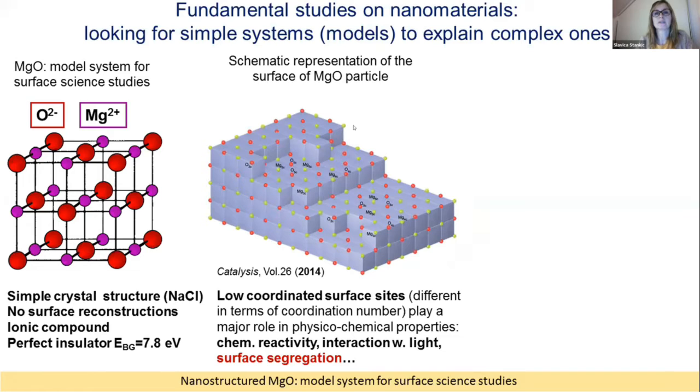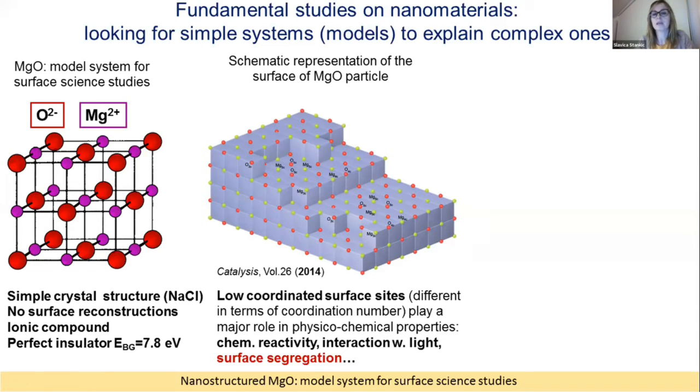It's a very simple system in its structure and properties, while when we look at this schematic representation of the surface, we see that it's quite complicated and complex, with different low coordinated surface sites, each different in terms of coordination number.